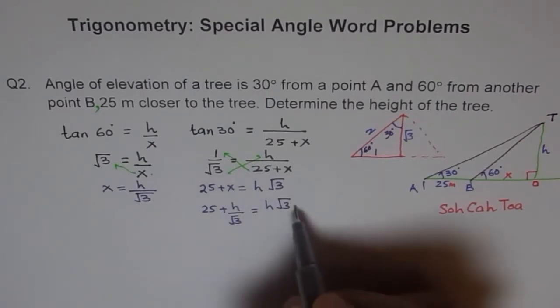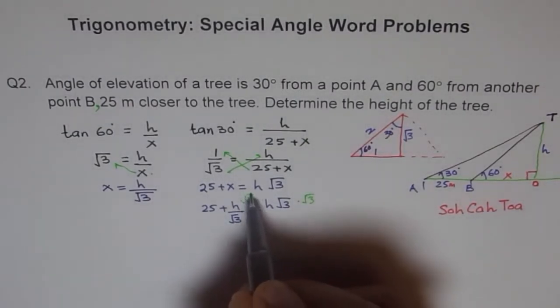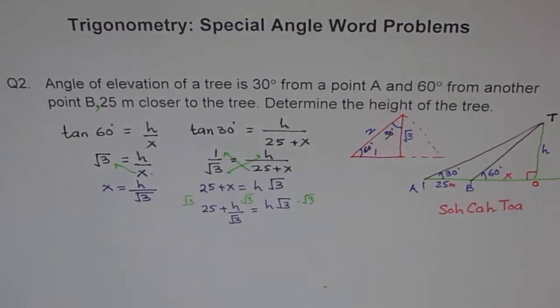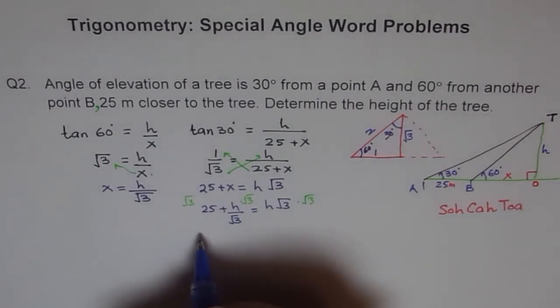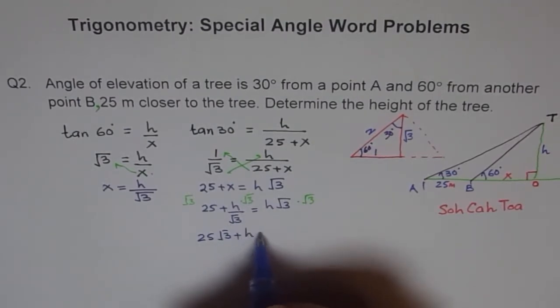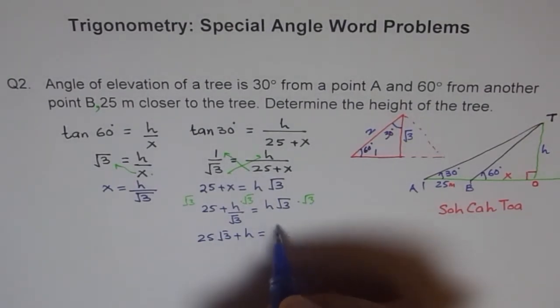That means I'm doing this with square root 3, I'm doing this with square root 3, and I'm multiplying this also with square root 3, correct? If I do that, then what do I land with? I get here 25 square root 3 plus, this cancels, we get h here, and square root 3 times square root 3 is just the number 3. So we get 3h.